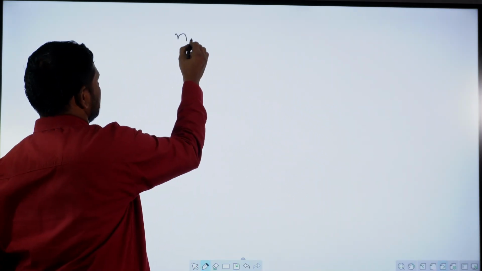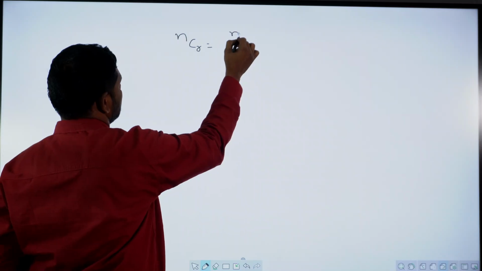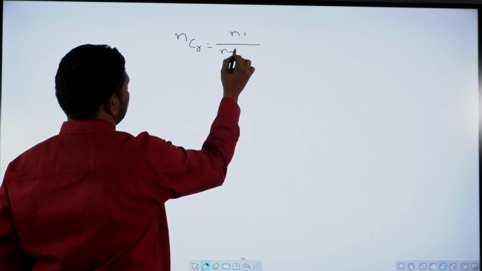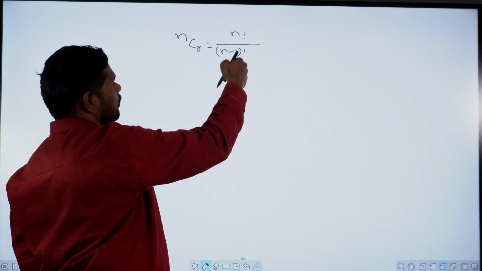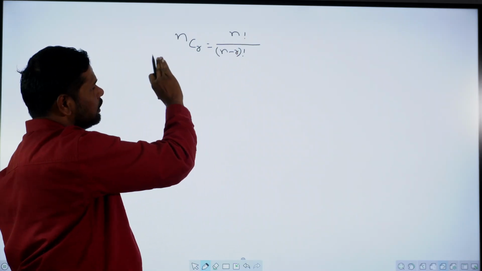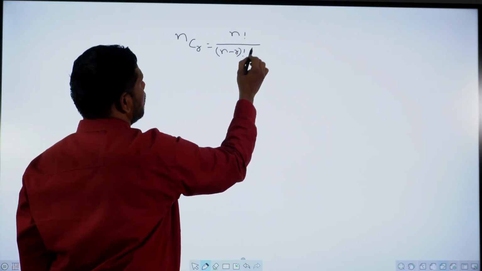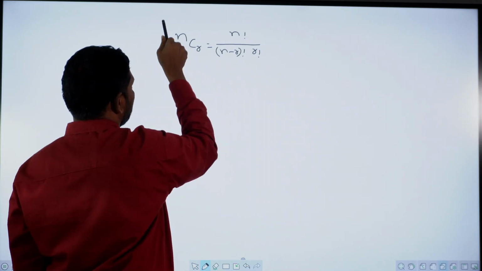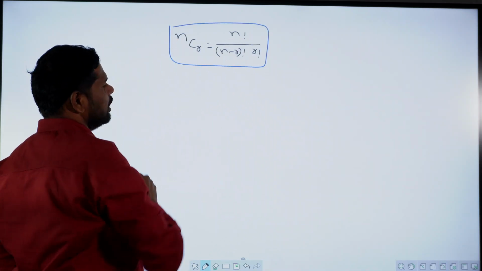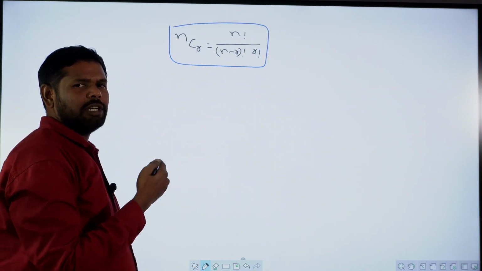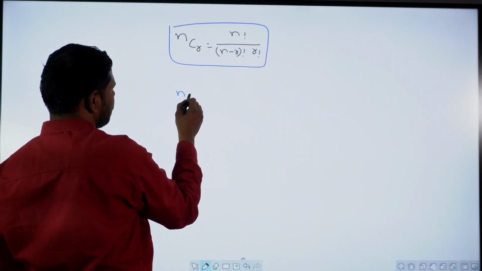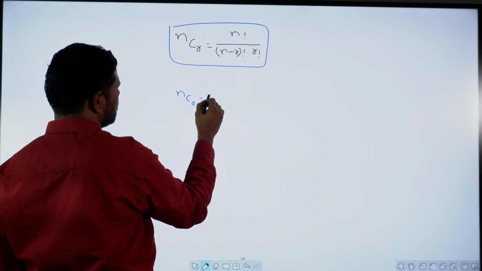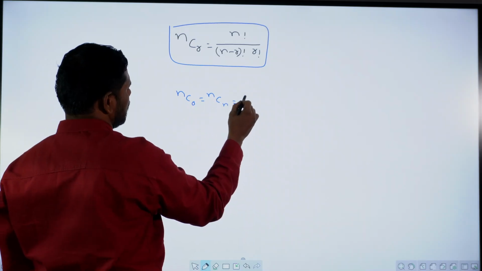What does it mean generally? NCR equals n factorial by n minus r factorial into r factorial. It is nothing but the product of terms in decreasing order, but the extra r factorial will come in the denominator. That's why in the denominator we write 1 means 1, 2 means 2 factorial, because of this r factorial. Here NC0 equals NCN, which is always 1.